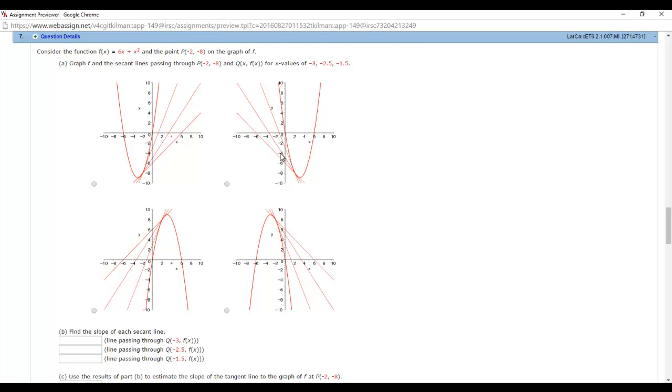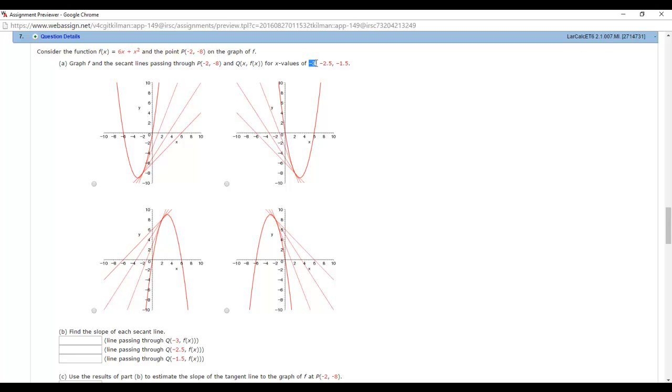Okay, now to do that, use your function. Okay, let's think about this. Okay, if x is negative 3, then what's y going to be? What's f of x going to be? Well, 6 times negative 3 is negative 18 plus negative 3 squared. Negative 3 squared is positive 9. So we have negative 18 plus positive 9 is negative 9.